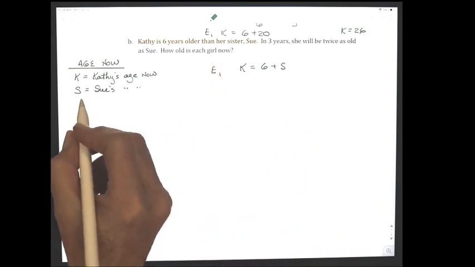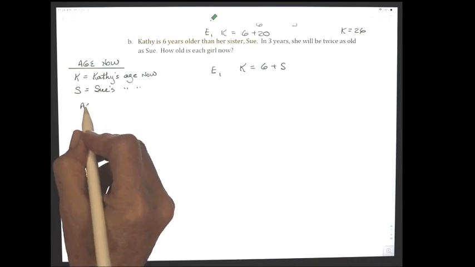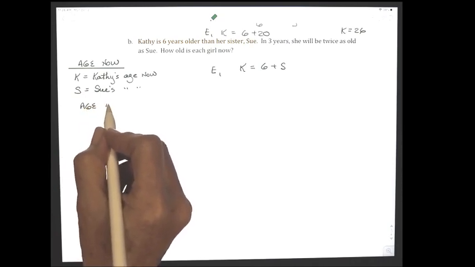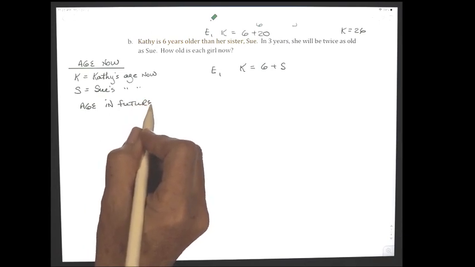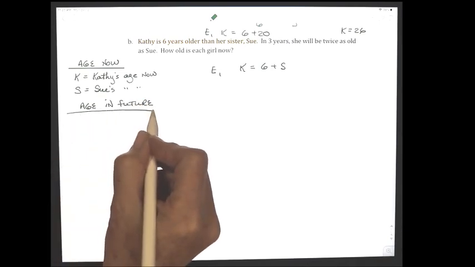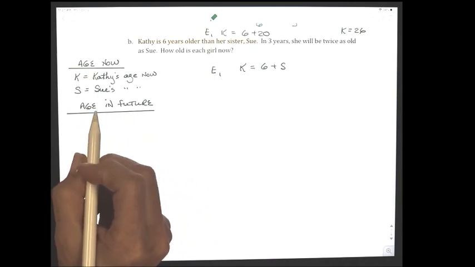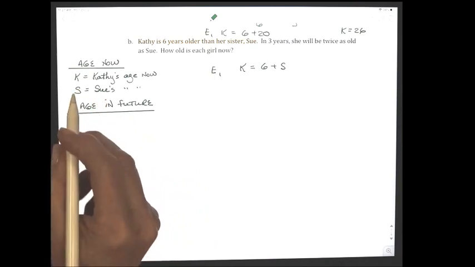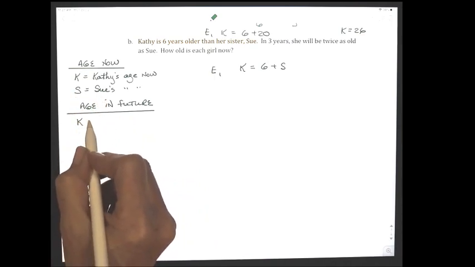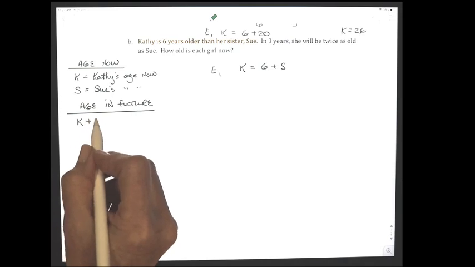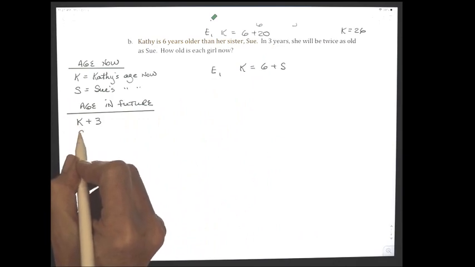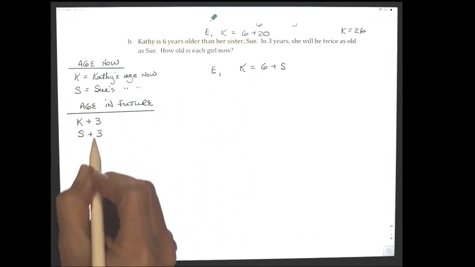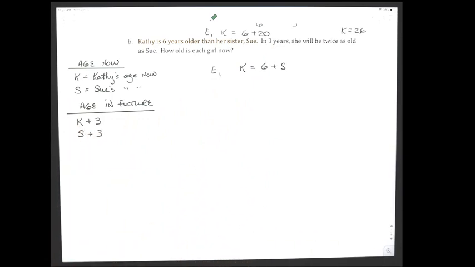In 3 years, all right, so I'm going to come back over here and get myself organized again. So the age in the future, I've seen some of these where it goes back into the past too, where you subtract their ages away. So in 3 years, if Kathy is K years old now, she will be K plus 3 years old, 3 years into the future. And Sue will be S plus 3 years old in the future.